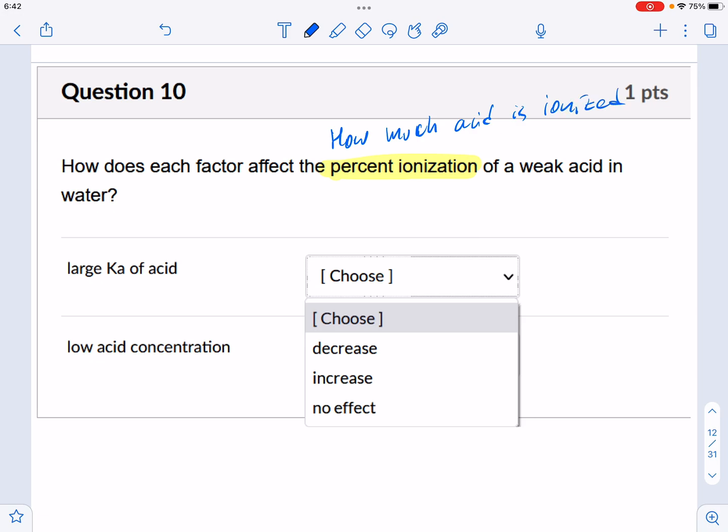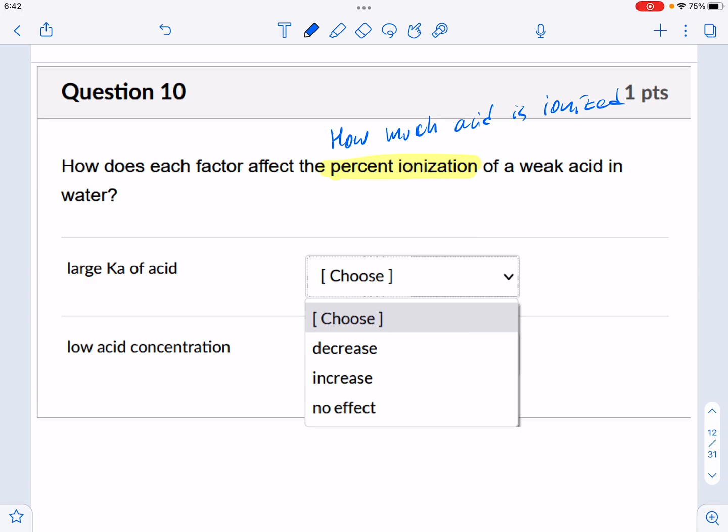A larger percentage tells you that there is more of the acid ionized, and if you have more of the acid ionized, then the acid is stronger. So that's the connection between percent ionization and strength of the acid.